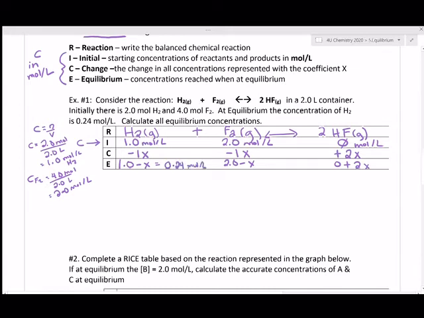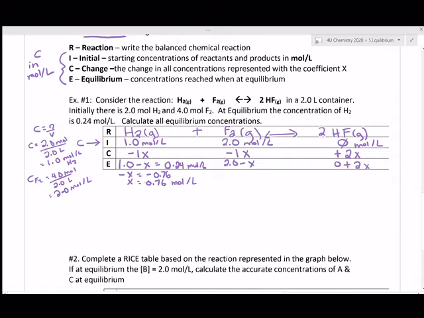And then you can do a little bit of algebra and say negative x, and then we're going to subtract 1 from 0.24, so we're going to have negative 0.76, and then multiply everything by plus 1, so 0.76 moles per liter. So that is the value of x, I should say.